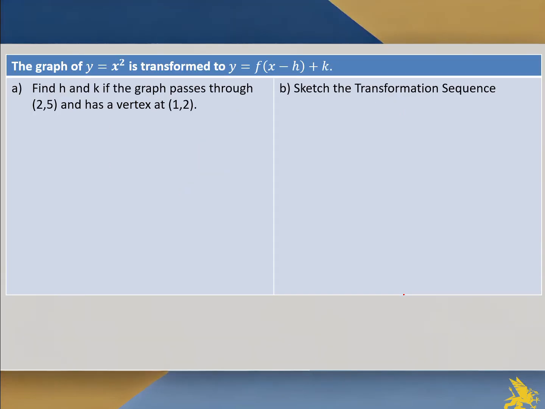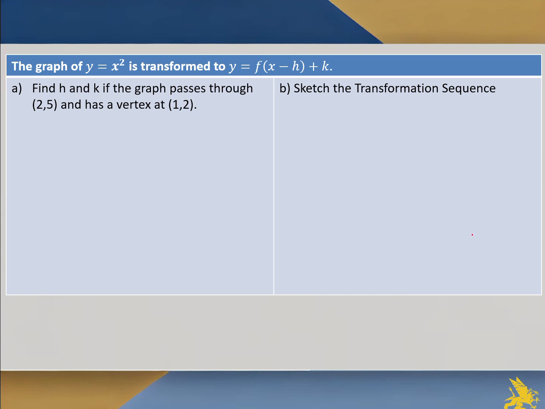Let's move on. We are going to be doing some transformations. So the graph of y equals x squared is transformed to y equals f(x minus h) in brackets plus k. Find h and k if the graph passes through (2, 5) and has a vertex of (1, 2).